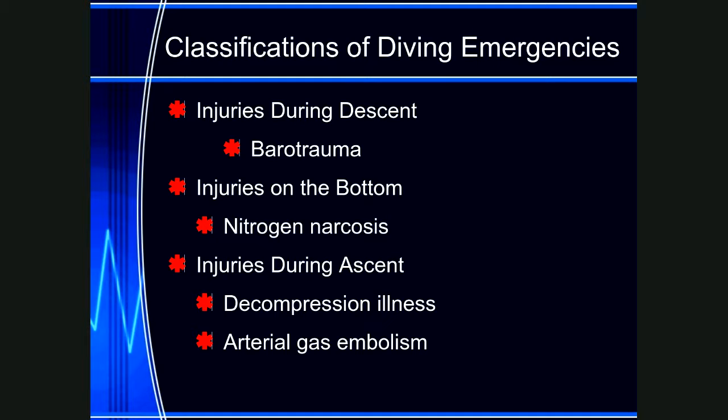Their nasal passages may start to rupture. So they also may throw an air embolism, and if they have an air embolism, it can travel to the heart. Then it can be pumped out to the lungs and cause a pulmonary embolism, or it can be pumped out to the brain, cause a stroke. And again, it's going to be very difficult, I would think, for you to surface with only one side of your body working.